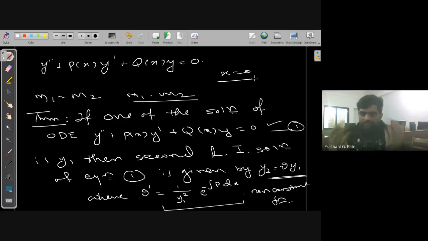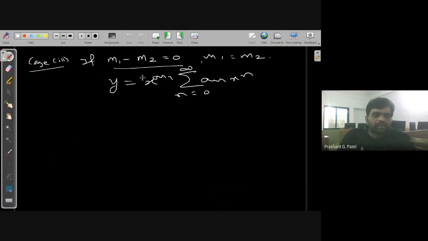If the indicial equation has m1 and m2 and their difference is 0 or an integer, then you always have one solution. To get the other solution, you have to do this. Let us try to prove this as a theorem.